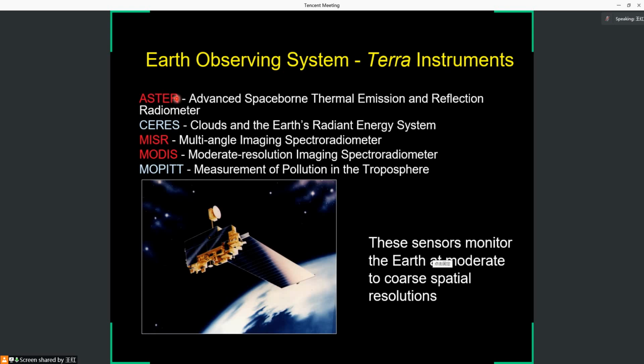Its spatial resolution is the same as Landsat TM. And the second sensor is CERES.